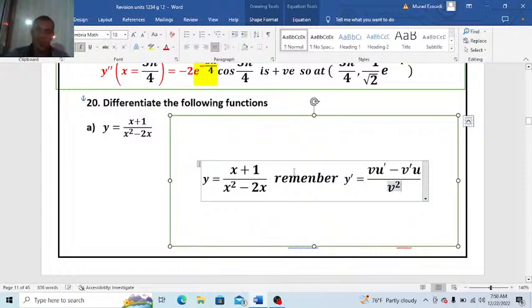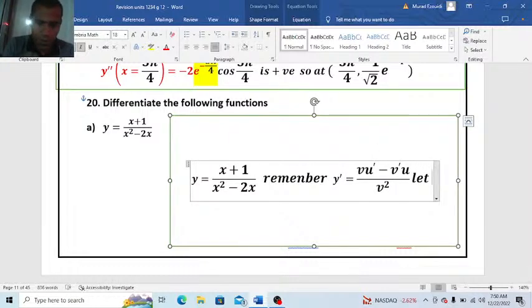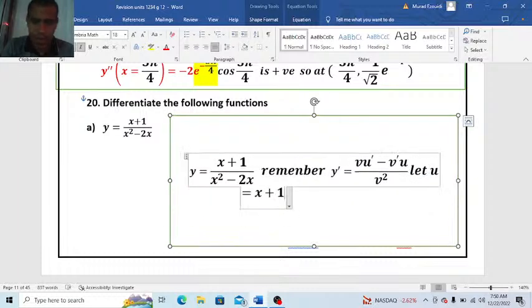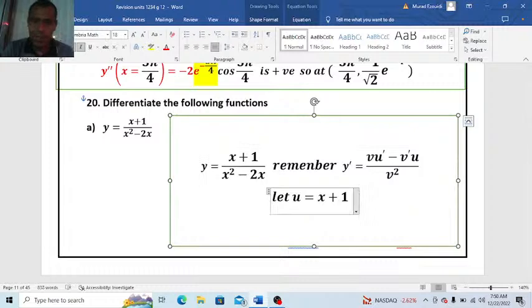Therefore I will suppose that x plus 1 is u, and x squared minus 2x is v. I will write this as: let u equal x plus 1.